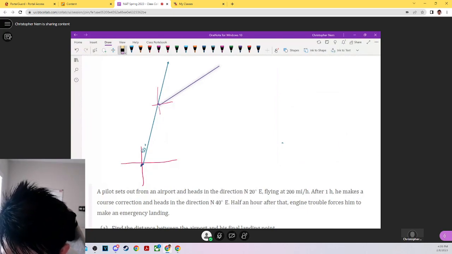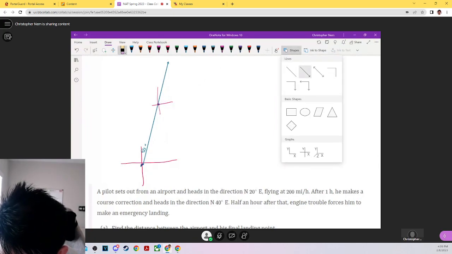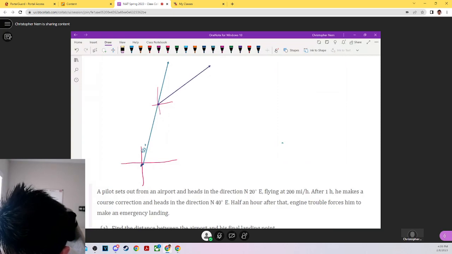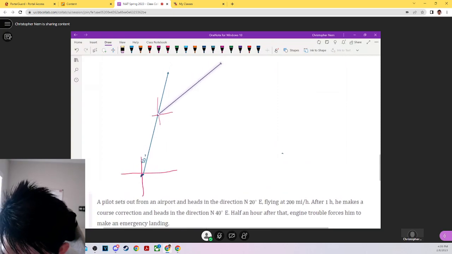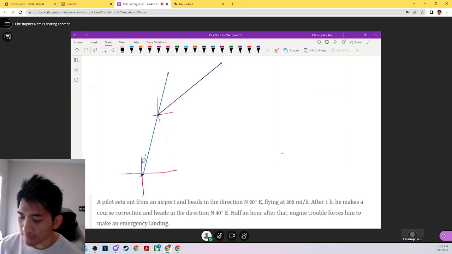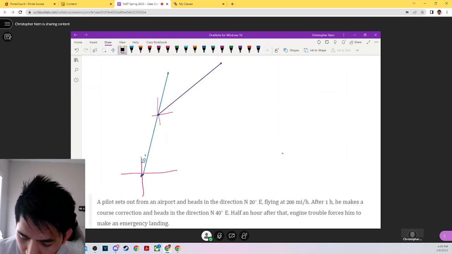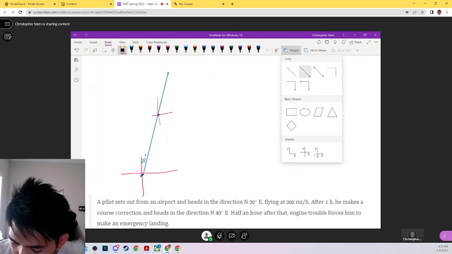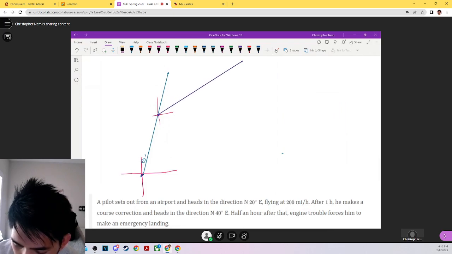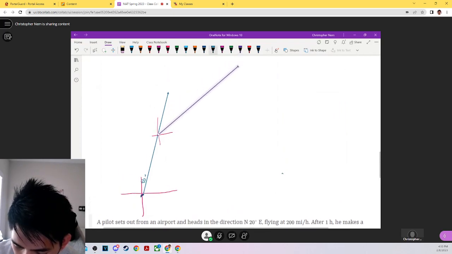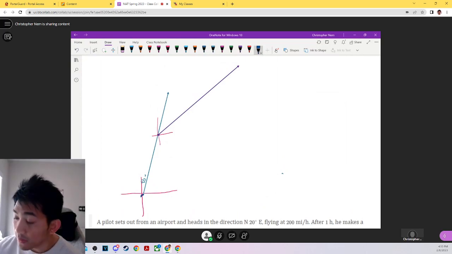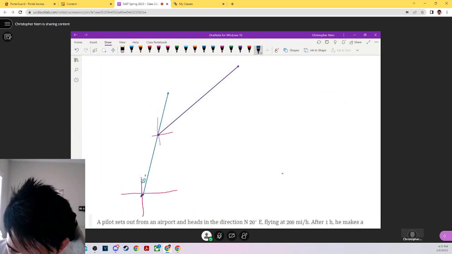Let me delete that. This is about 40 degrees right here. I can't change the color. Oh well. So this entire thing from here all the way to here is 40 degrees.